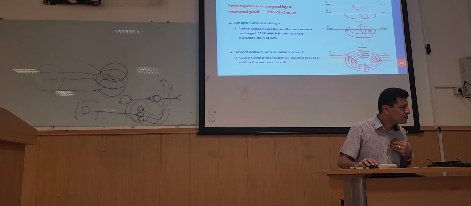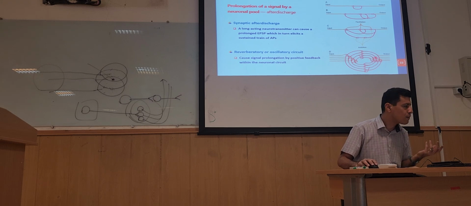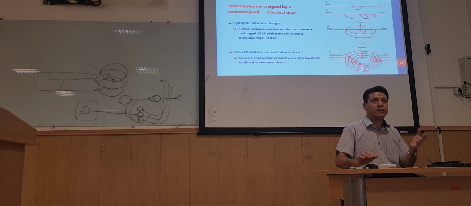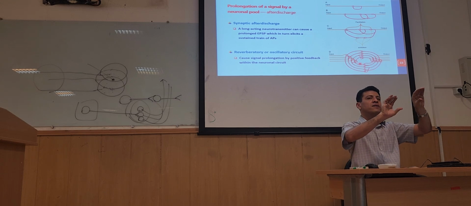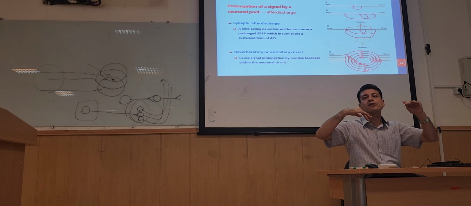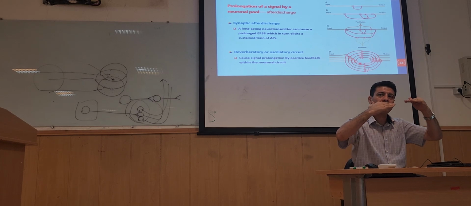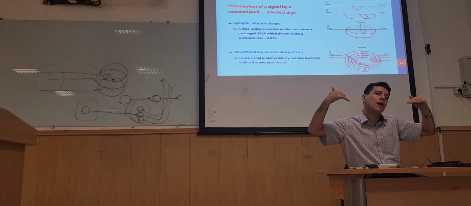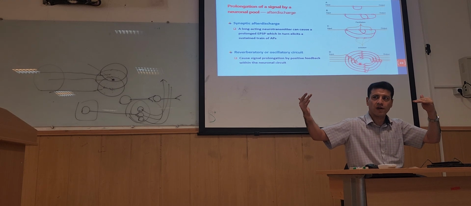So we have the same circuit here, but instead of only having one input and one output, we can have several parallel input fibers, several parallel output fibers, and also parallel interneurons. Okay? So we have a connection between input and output, but the system can decide about the number of incoming fibers and the number of outgoing fibers, right?